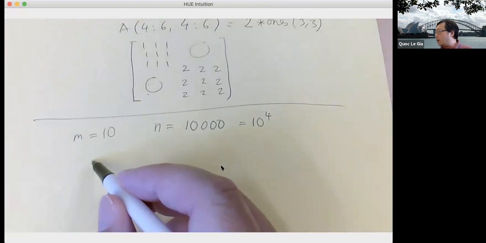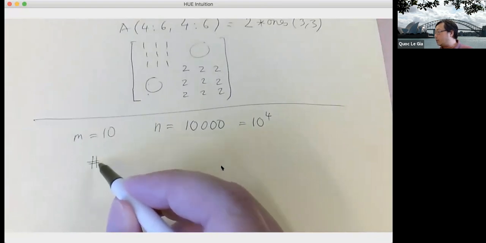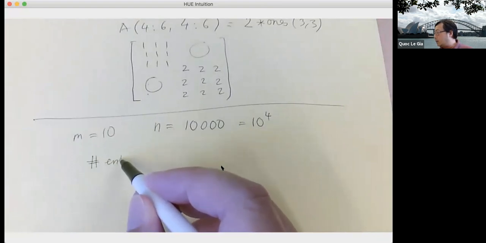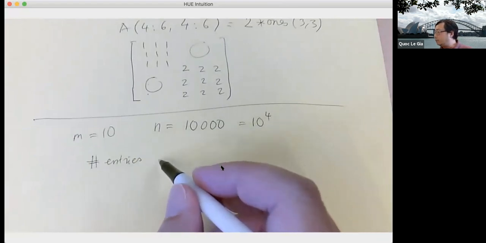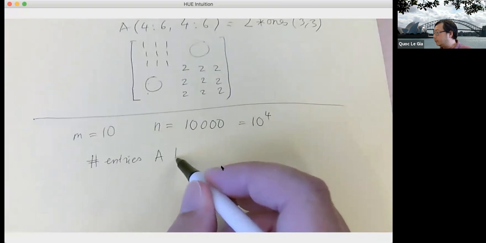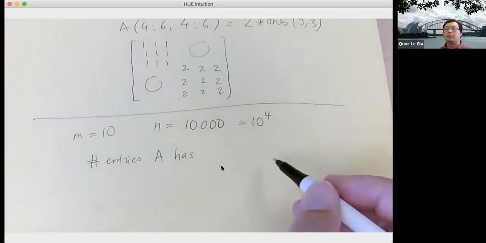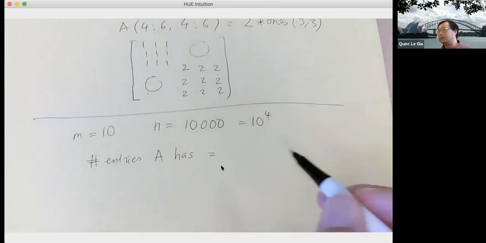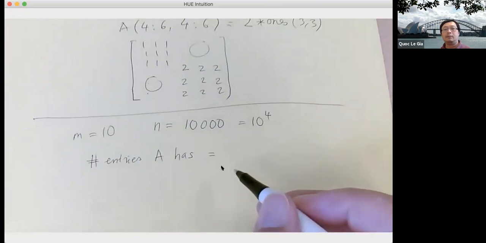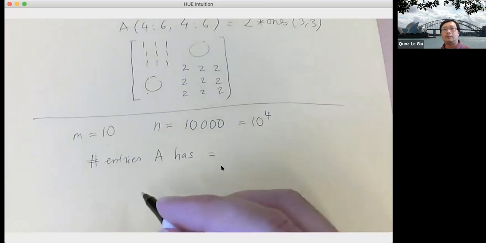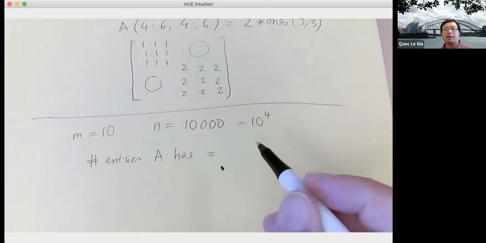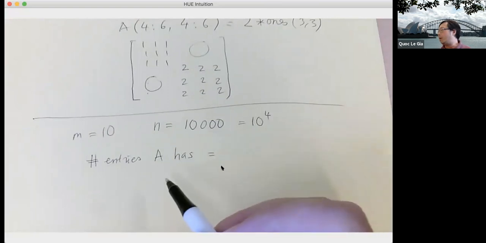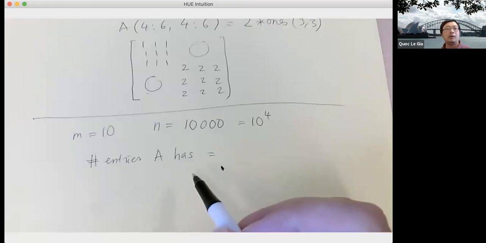So first, how many entries does the matrix A have? No, not 10,000. The number of entries should be more than 10,000.